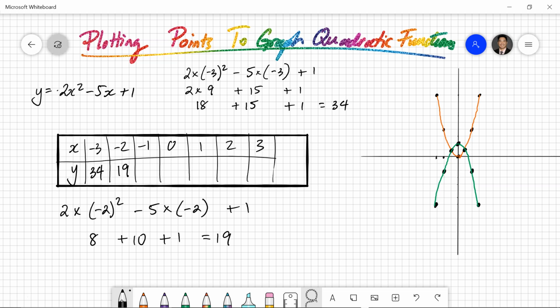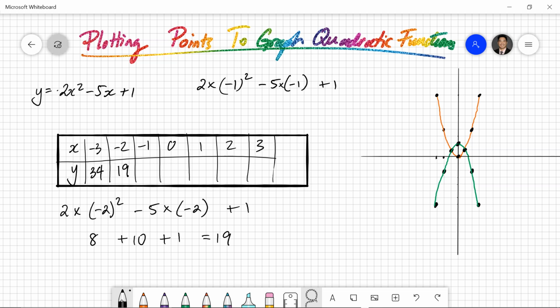Then the next value is going to be 2 times minus 1 all squared minus 5 times minus 1 plus 1. So we've got 2 plus 5 plus 1 is equal to 8.